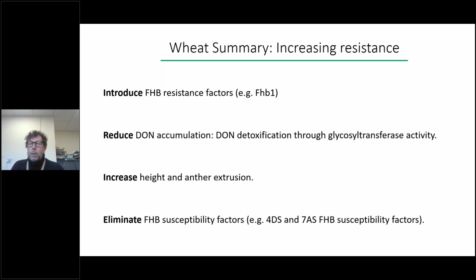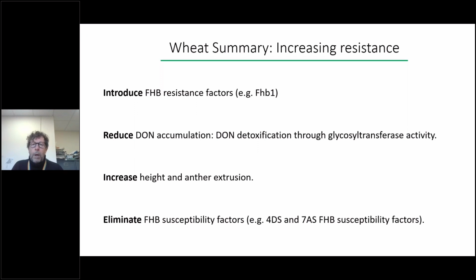We can enhance the detoxification mechanisms in wheat through identification of glucosyltransferase activity, so as to reduce the mycotoxin accumulation and its potency. Factors I've not mentioned, but also for breeders, increasing height and anther extrusion, as anthers are involved in susceptibility to Fusarium head blight.